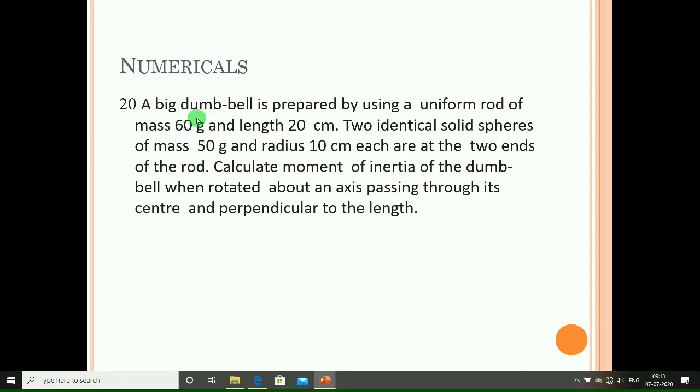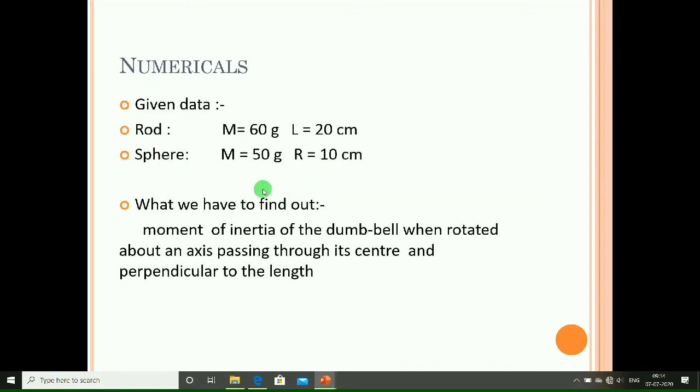First of all, the dumbbell is considered a big dumbbell which is prepared by using a rod and two identical solid spheres. This rod is having mass 60 gram and length 20 centimeter, and the sphere is having mass 50 gram and radius 10 centimeter. What you have to calculate here? Moment of inertia of the dumbbell when the axis is passing through the center of the rod and perpendicular to the length.